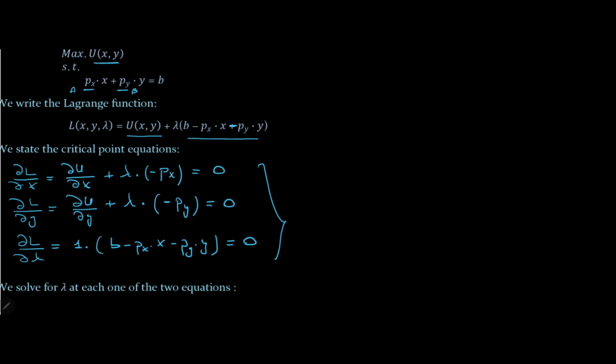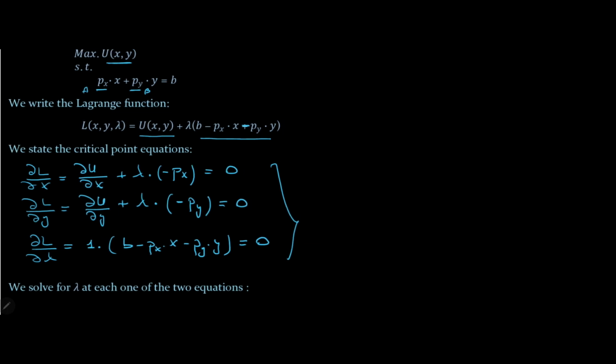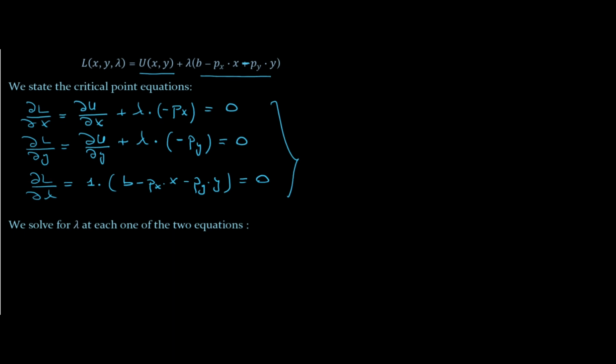So if we follow the same process as before and we try to find out the critical points, then we solve for lambda in each one of the first two equations, and we get lambda equals the partial derivative of utility according to x divided by px.